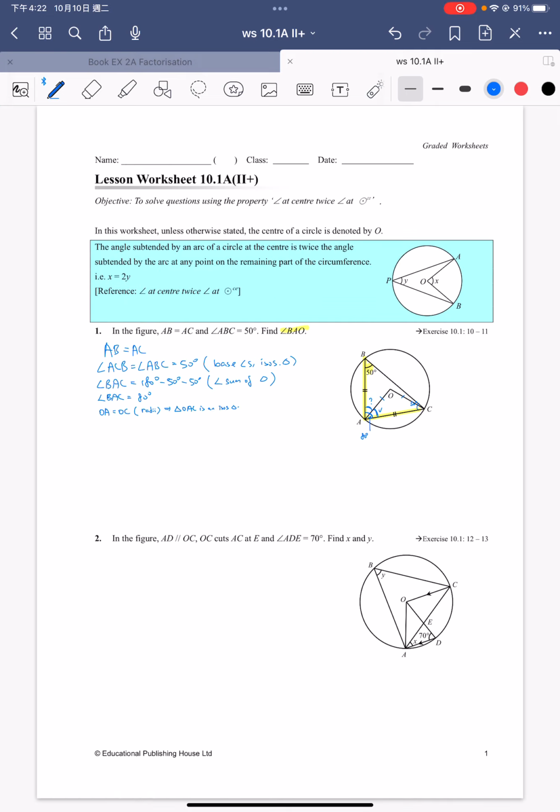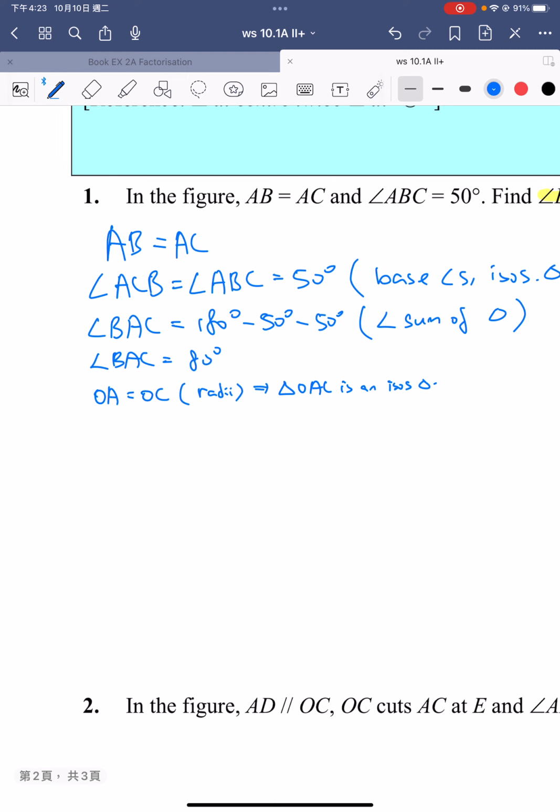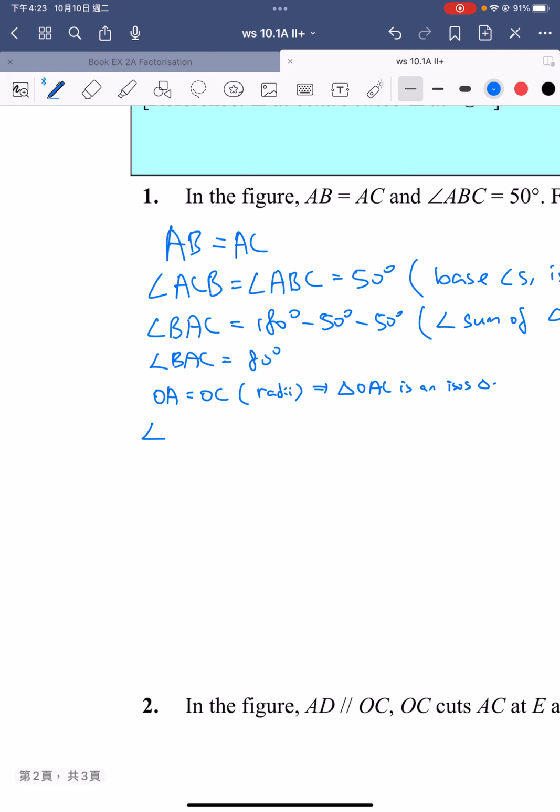So we can again use the base angles to find it out. This angle is actually equal to this angle, but we don't know what that is, right? We'll just keep it for a while. So now we have the angle OAC is equal to the angle OCA.